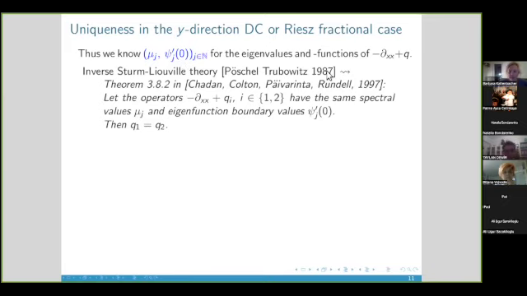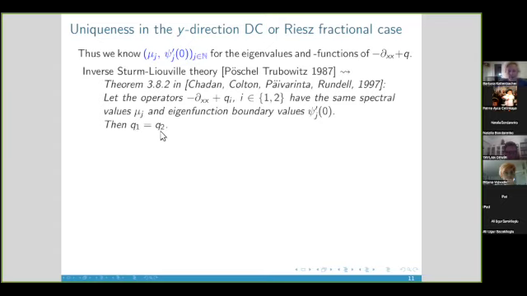In this nice book by Pöschl and Trubowitz, one can find a result that tells us that from this we can find q of x. So if we have operators minus second x derivative plus q1 and the same with q2, and these give the same eigenvalues and eigenfunction boundary values, then the potentials have to coincide.